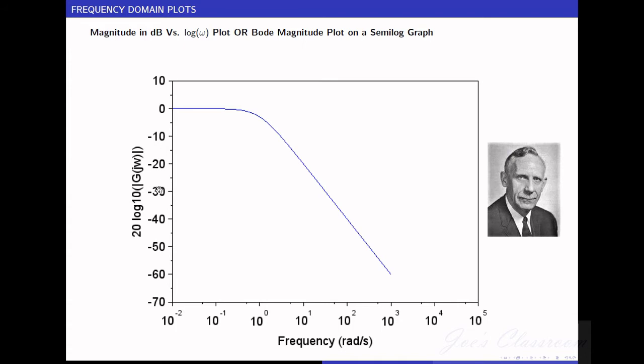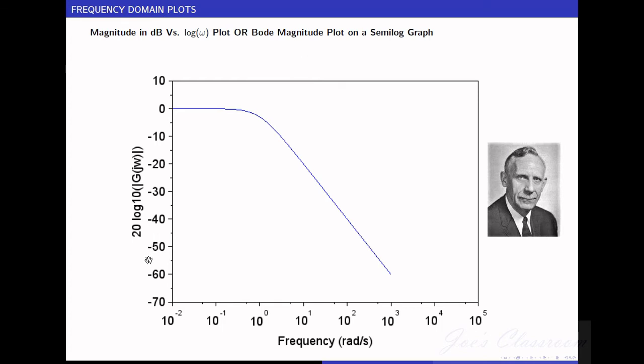Please note that though the gain is converted to decibels, the scale is going to be linear, whereas the frequency will be a logarithmic scale. Such a plot in which the magnitude in decibels is plotted against omega or the frequency in logarithmic scale is called the Bode magnitude plot. So this is the Bode magnitude plot.